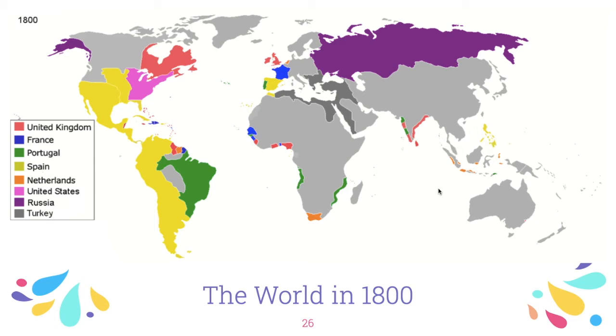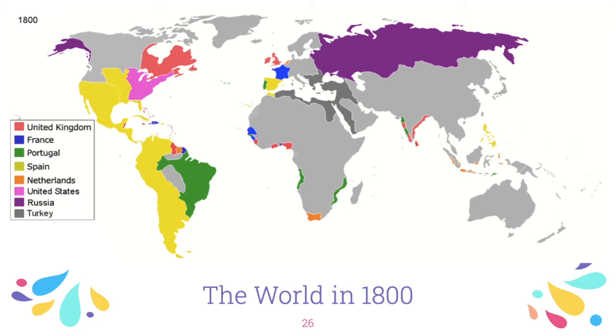So in a large way, these languages that are used in North and South America today, predominantly English, French, Spanish, Portuguese, are largely due to the extent of colonial exploration throughout the past 500 years.